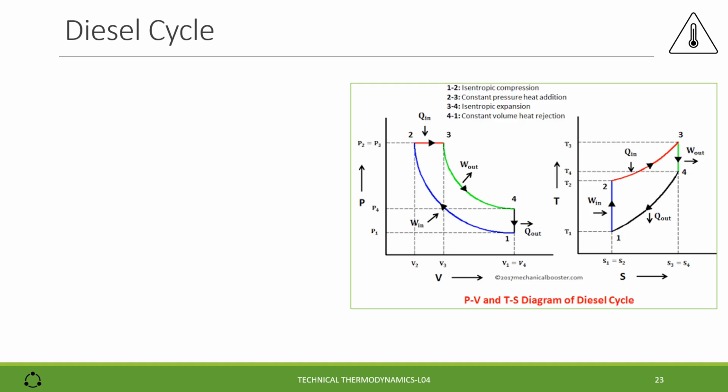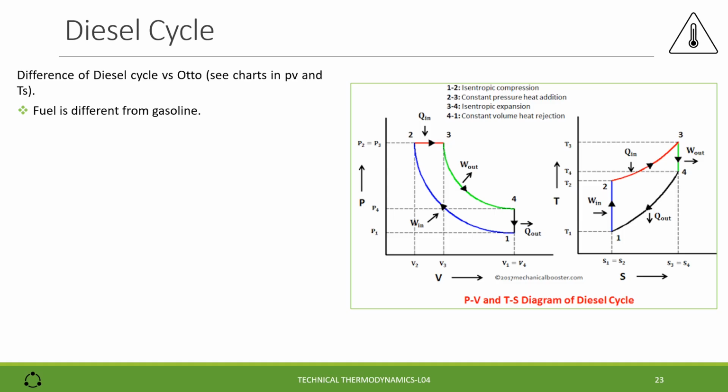We start now with the diesel cycle. What is the difference between the diesel cycle and the Otto cycle? We can see in the PV and the TS charts here on the right side the representation of the cycle in the ideal case. First, the fuel is different from gasoline.